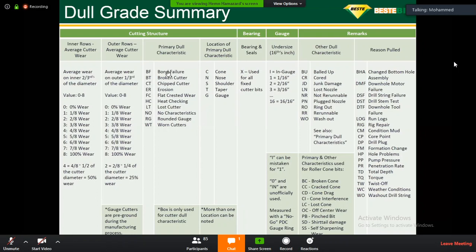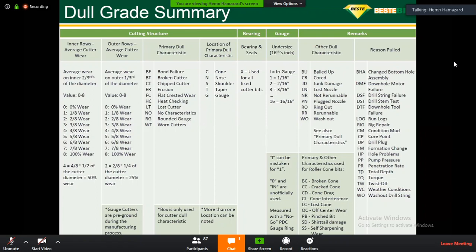One comment in location characteristics for primary characteristics: it's called A when we have a worn or chipped tooth or anything on all rows or all areas.